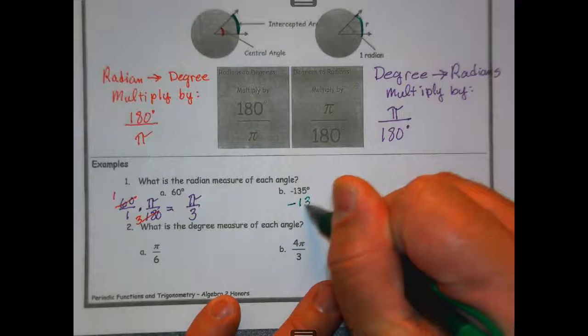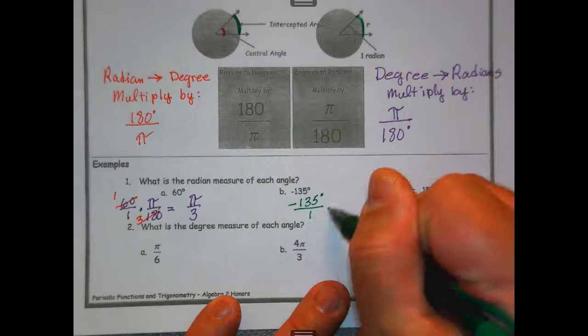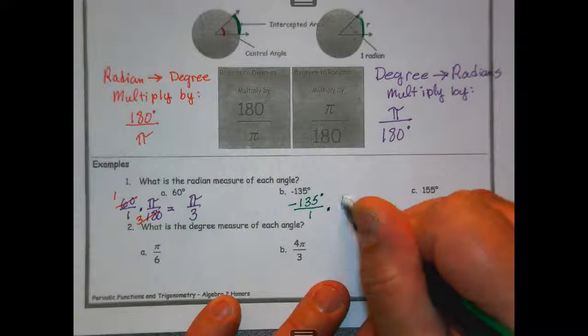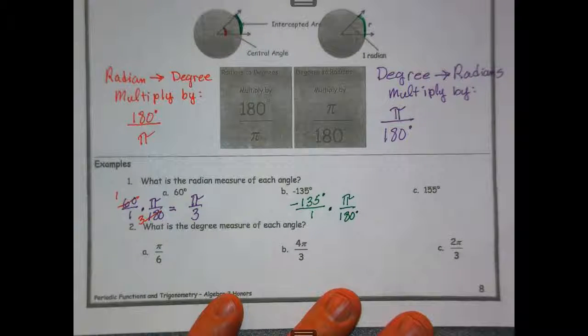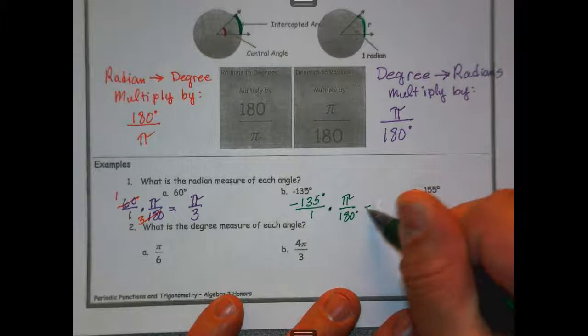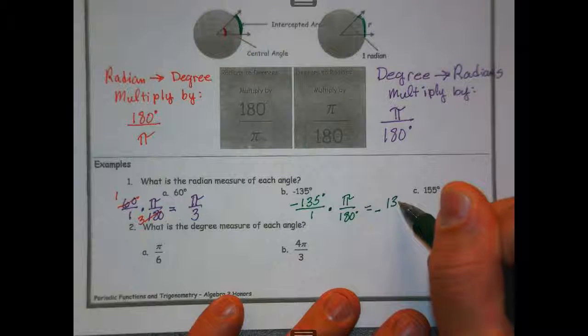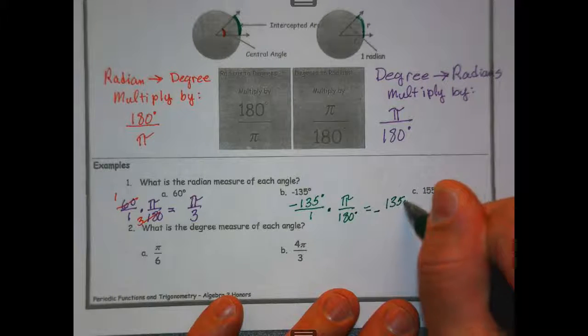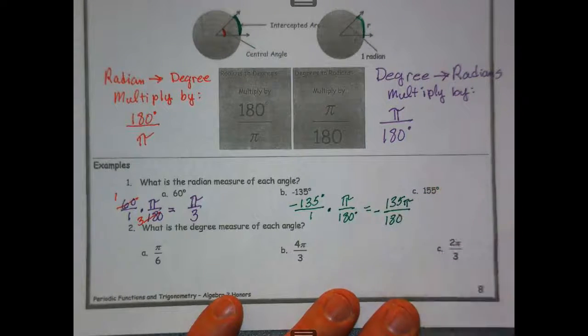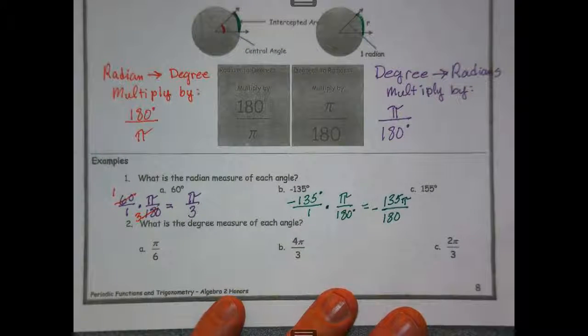So negative 135 degrees over 1 times pi over 180. 135 does not divide into 180 evenly, so we're going to end up with negative 135 pi over 180, right? We do have to simplify here.